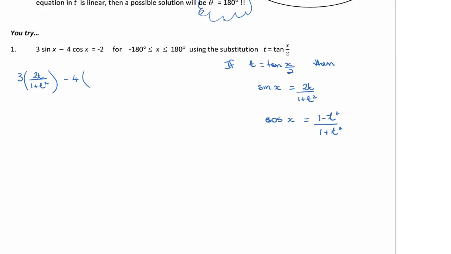So let's have a look at this example. 3 sine x minus 4 cos x is minus 2 for x between minus 180 and 180 degrees, using the substitution t is equal to tan x on 2.